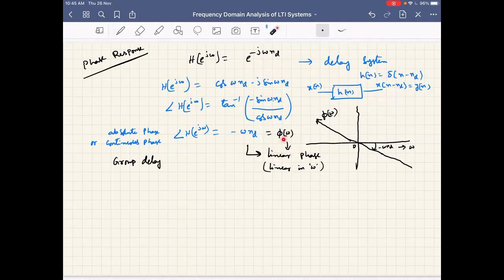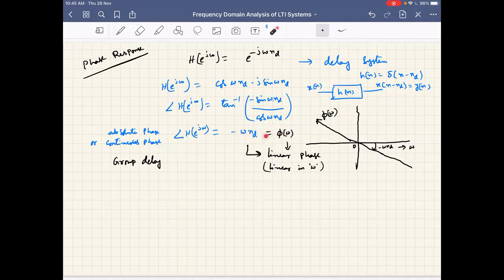So wherever we want to modify the magnitude of the frequency response through a filter or a system for the input sequence, what we can allow is a linear phase in the phase response, and hence a delay in the output signal compared to the input signal. The magnitude response we may modify based on our convenience or as demanded by the system. So having linear phase is most of the time a desirable quantity.